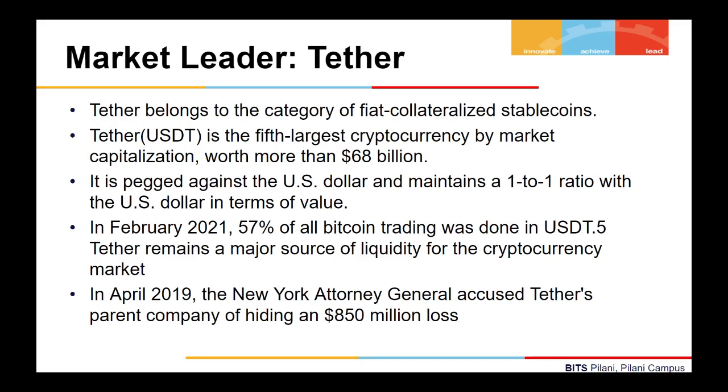In Feb 2021, 57% of all Bitcoin trading was done in USDT, and it still remains a major source of liquidity for the cryptocurrency market. But it has been under scrutiny of the authorities for not maintaining the actual reserves that it claimed to have. In April 2019, the New York Attorney General accused Tether's parent company of hiding an $850 million loss.